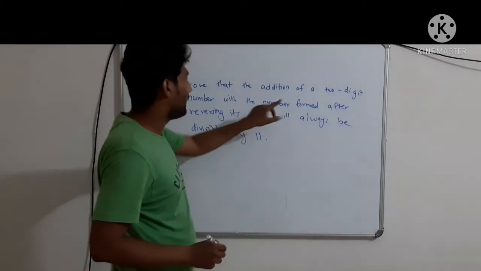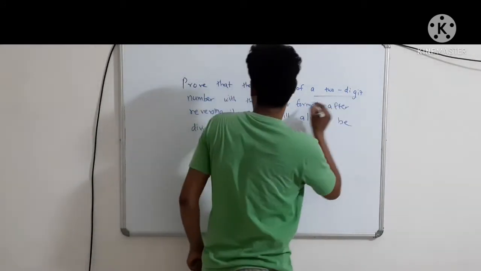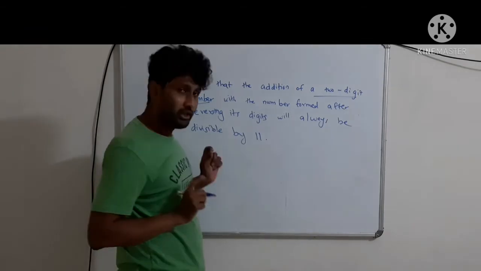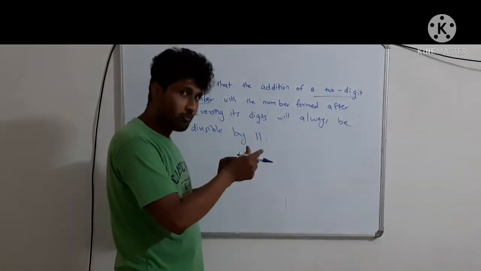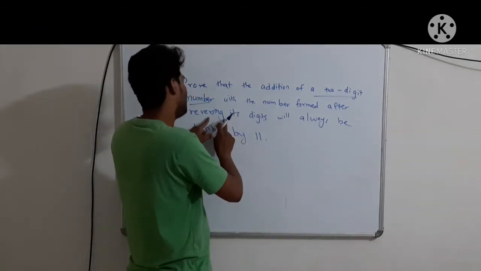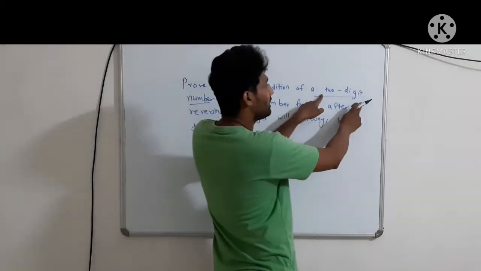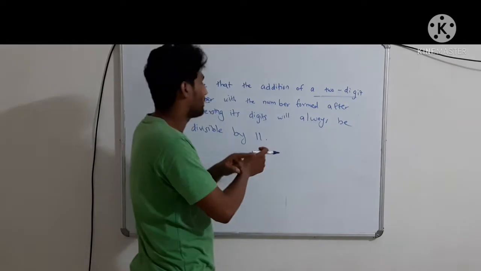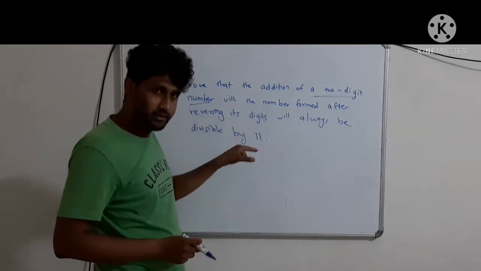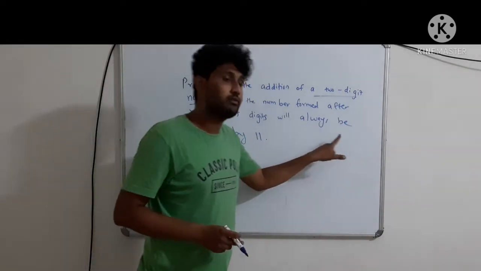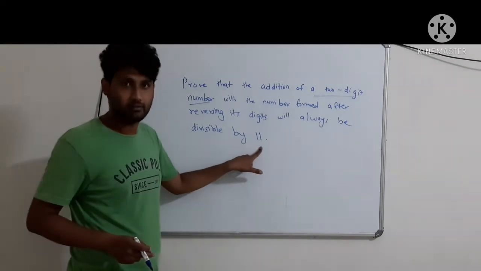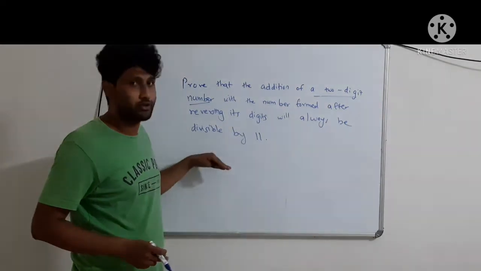Prove that the addition of a two-digit number with the number formed after interchanging or reversing its digit. It means these two-digit number's digits have to be interchanged. After reversing its digits will always be divisible by 11. Okay, this is our question.